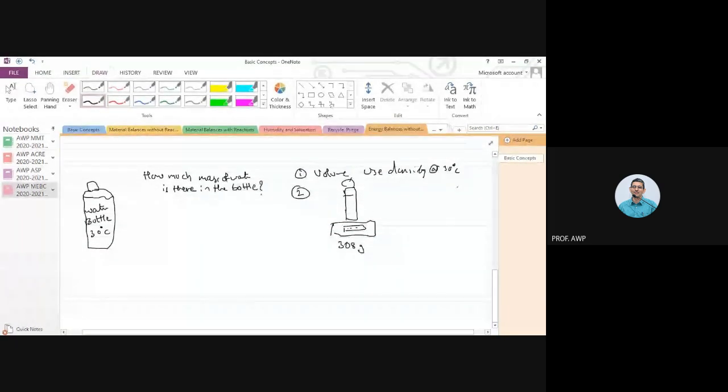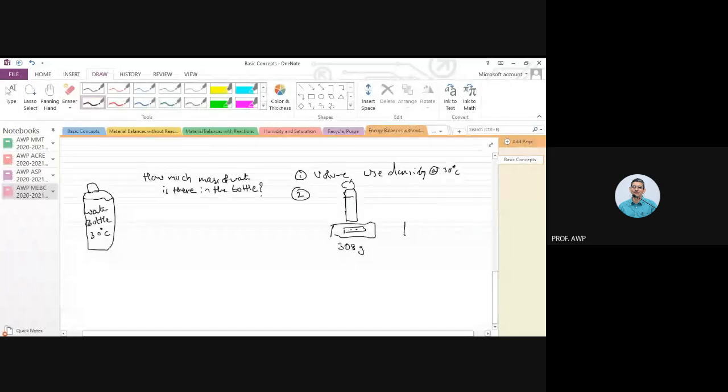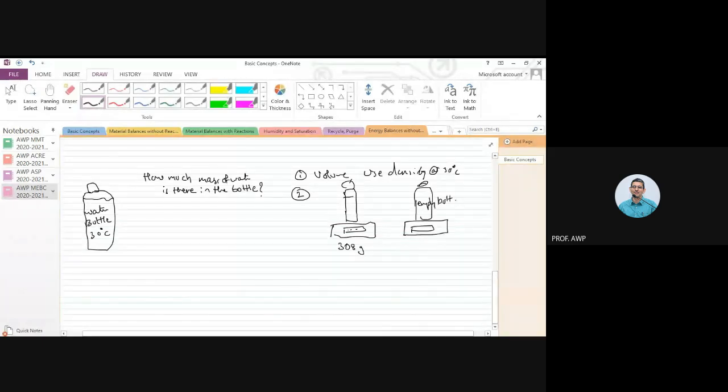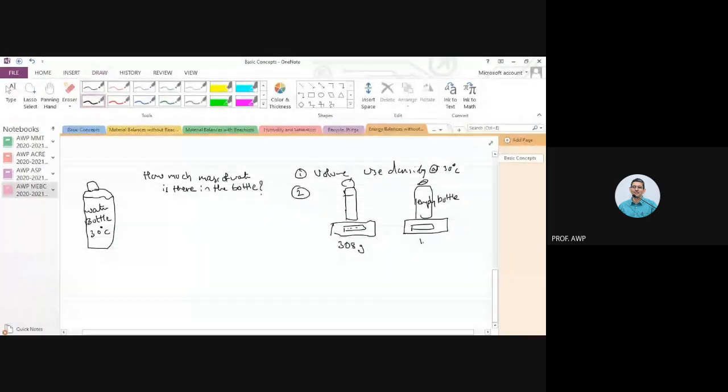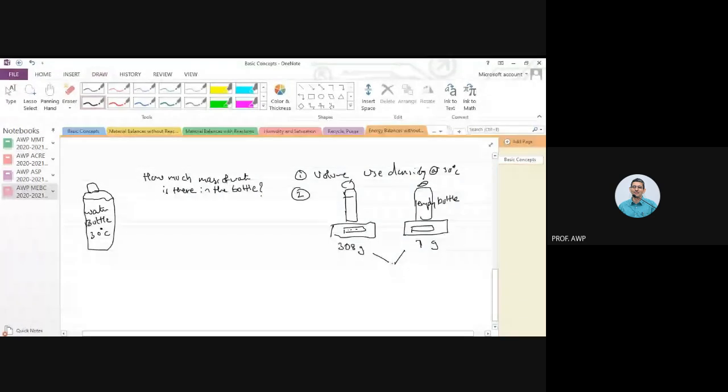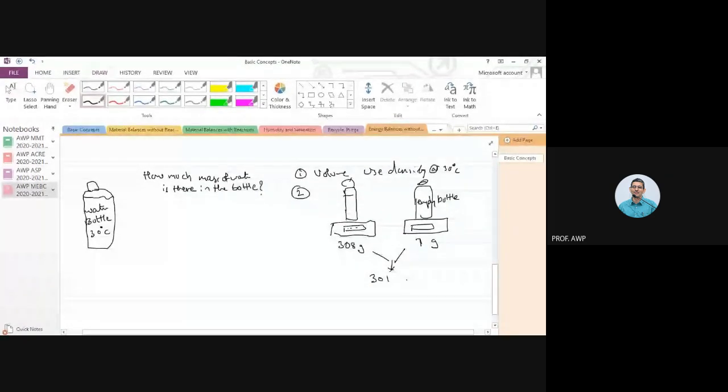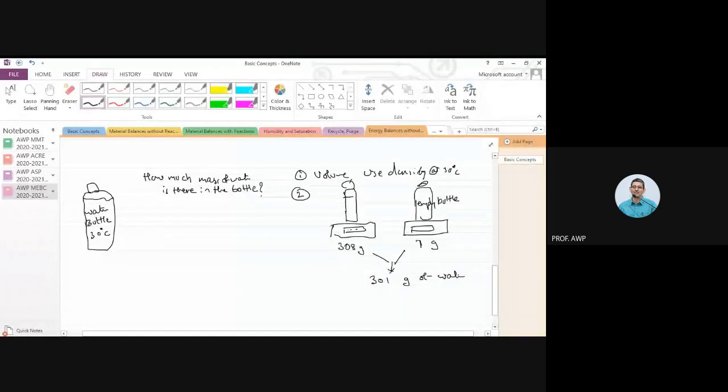I will pour out all the water and weigh the empty bottle. Let's say the weight is 7 grams. Then this difference must have come from the mass of water in the bottle.